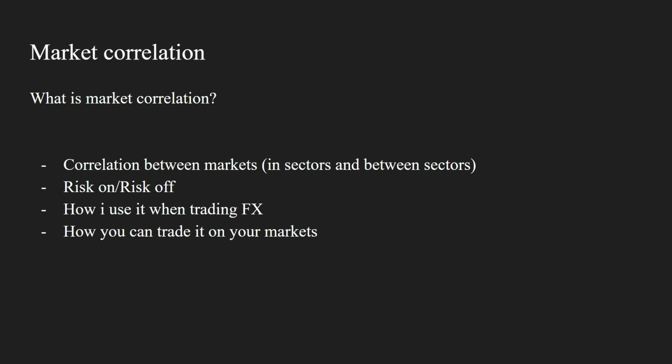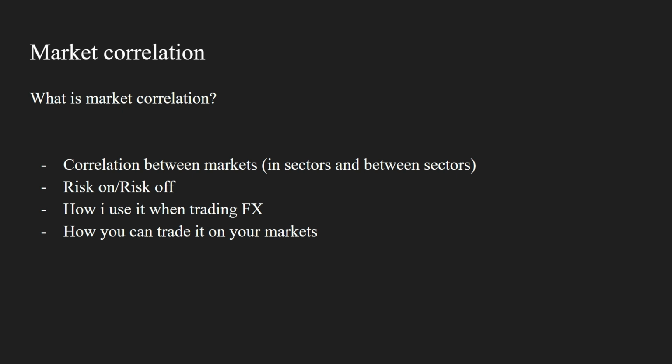It could also be a pair compared to a commodity. It could be an indice compared to a pair, or another market compared to another market. But you're looking at the correlation between other markets and not compared to the DXY. Because if it's compared to the DXY, it's DXY correlation.